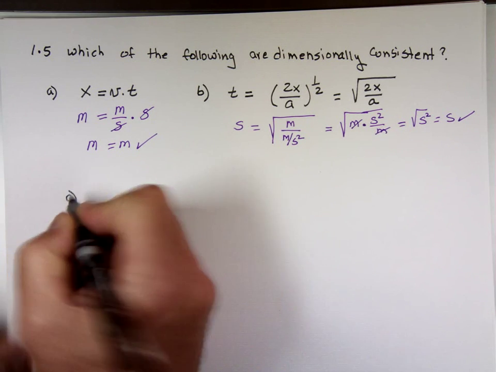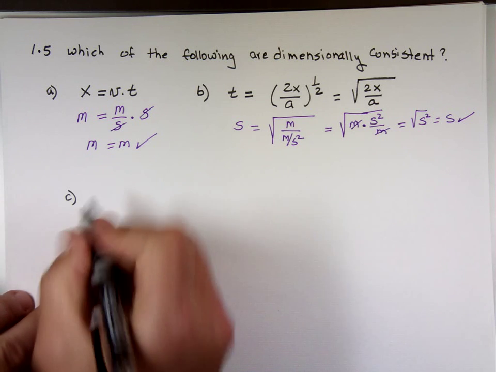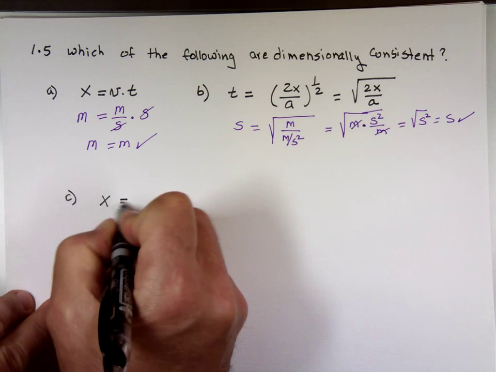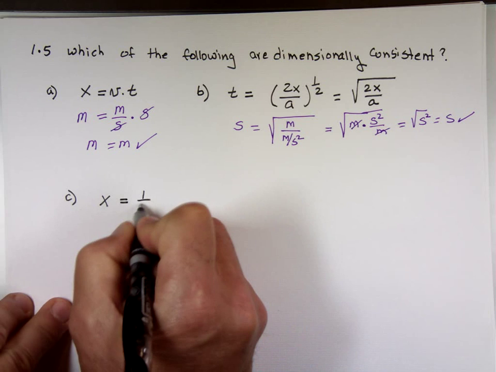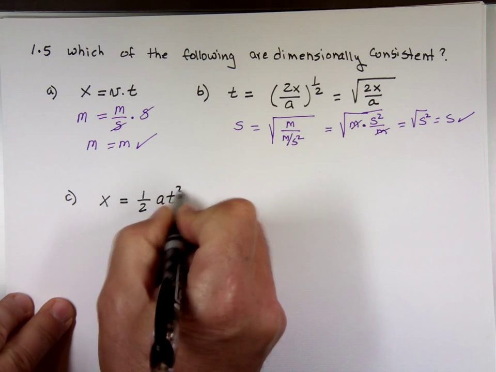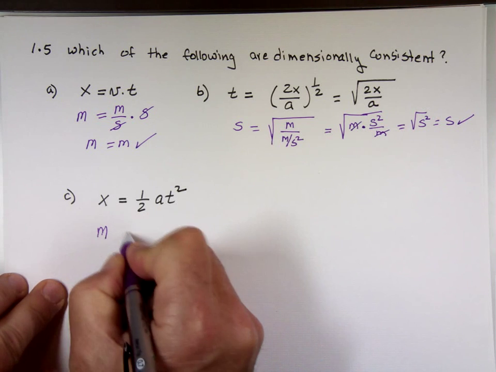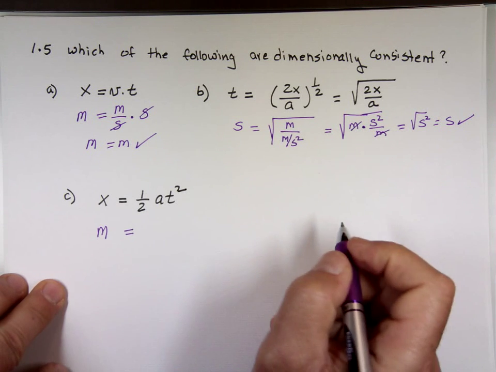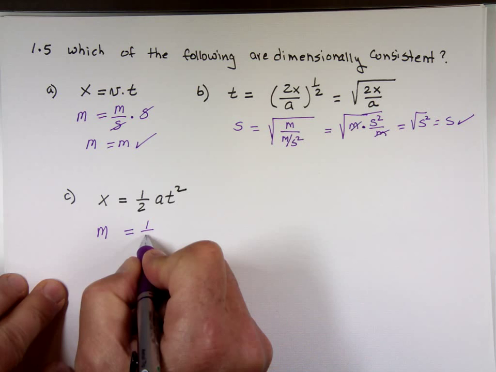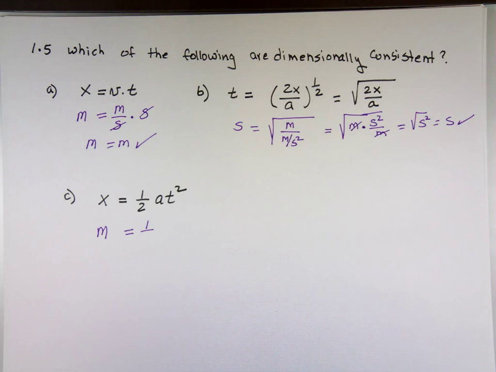And C here, x equals 1/2 a t squared. Again, let's look at the units. x is in meters. Actually, I don't care about the number. The 1/2 has no units.